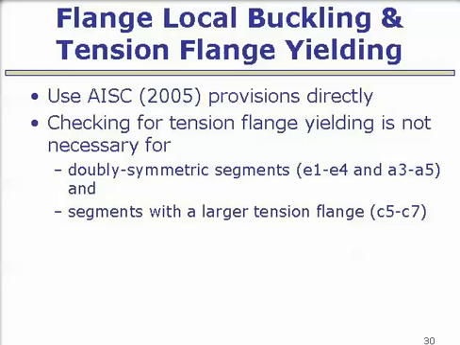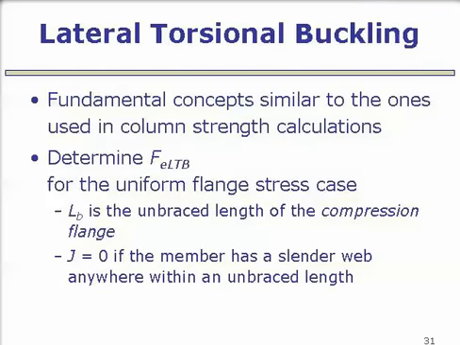So even with the tapered member, you can use the AISC 2005 provisions directly. You can check those at several locations within the brace length, within your member, and find the largest value of the flexural resistance check as the governing check for the member. Checking tension flange yielding is not necessary for doubly symmetric segments and segments with a larger tension flange, which are the exterior column and the A3-A5 and C5-C7 members in this example frame.